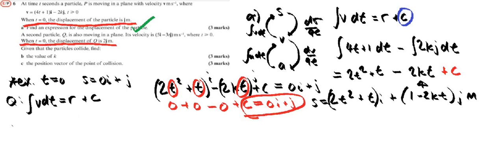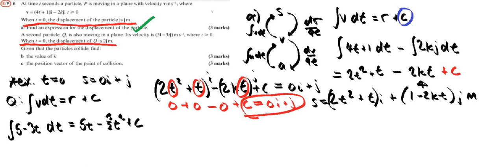Okay, so the integral of my 5 minus 3t dt is equal to 5t minus 3 over 2 t squared plus c. Right, now I use my example because I'm going to plug my t equals 0 into here.